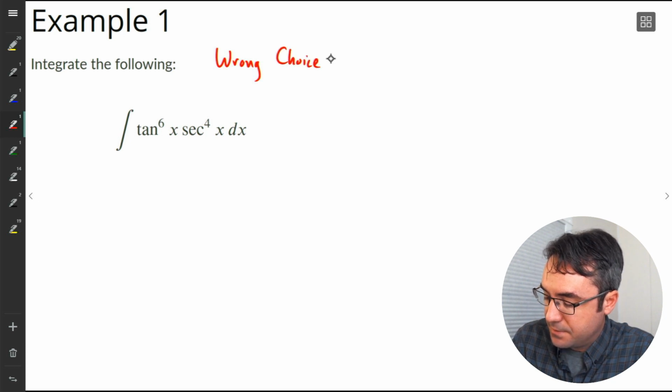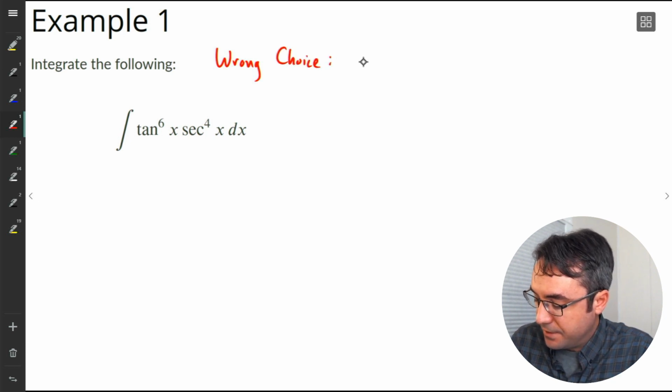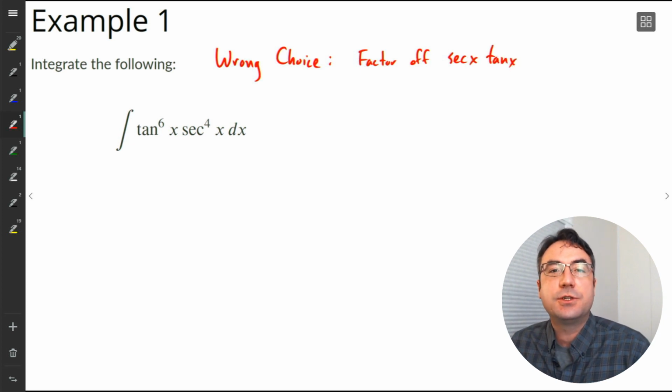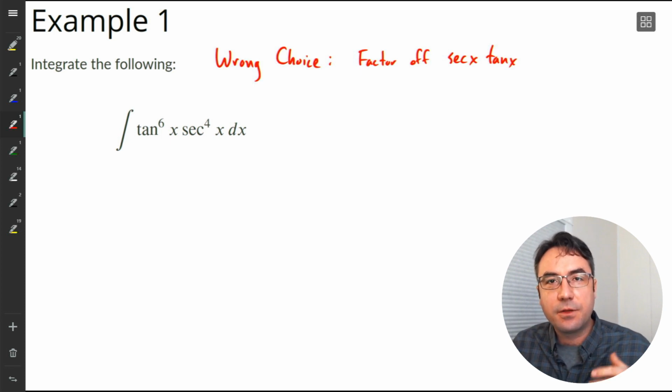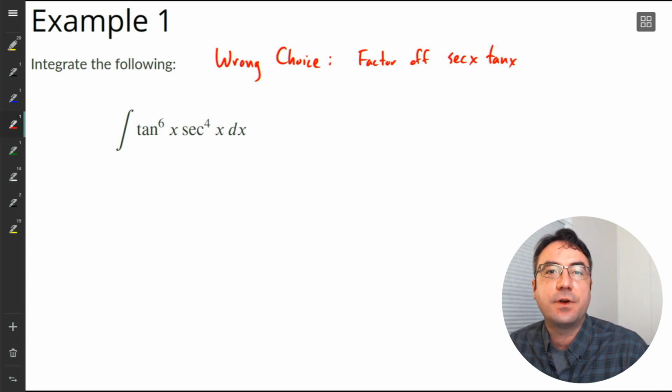And what we're going to see is we're going to run into trouble once we try to convert all of our remaining trig functions into a secant.